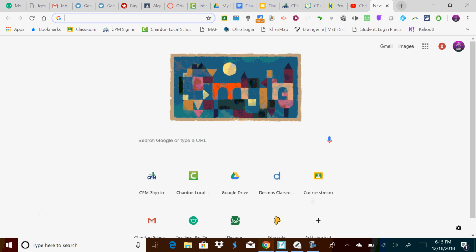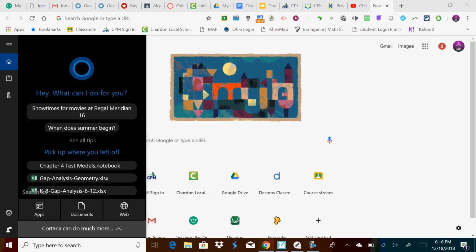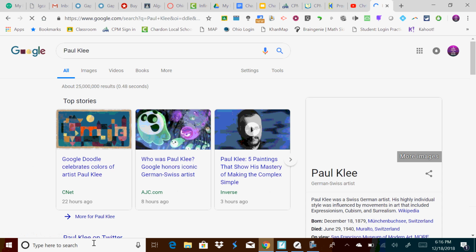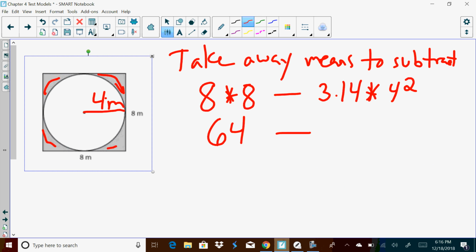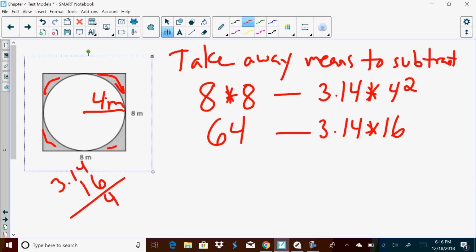So I'm going to put that in. Let's just go back to this. So I need to do 4 squared is 16. So I need to know what 3.14 times 16 is. So I'm going to do 16 times 3.14. You guys will use your calculator.